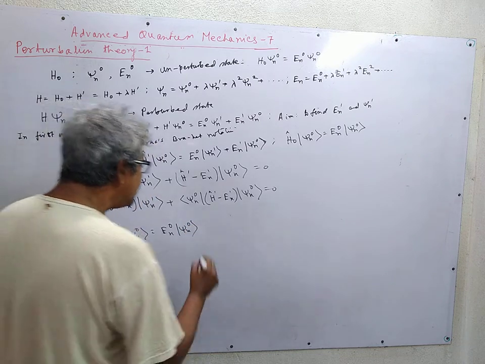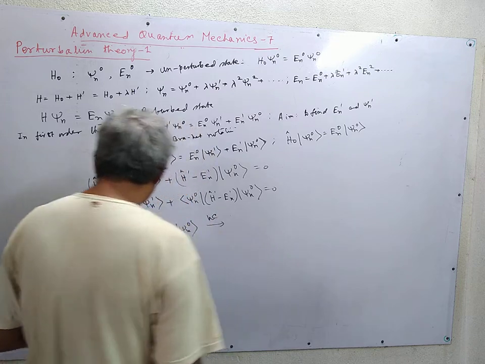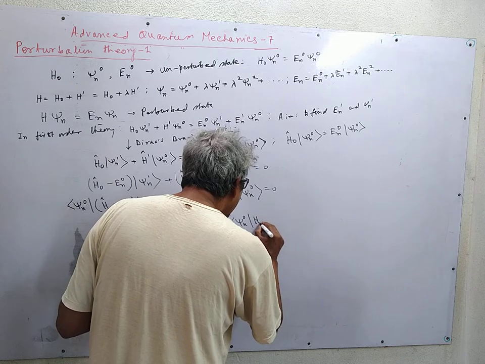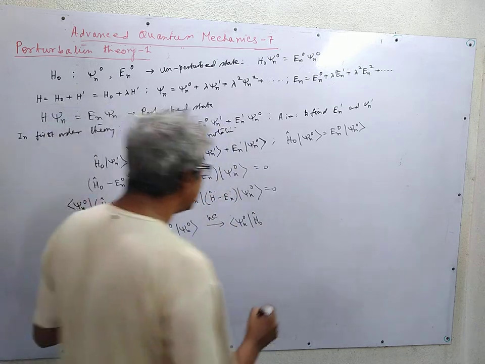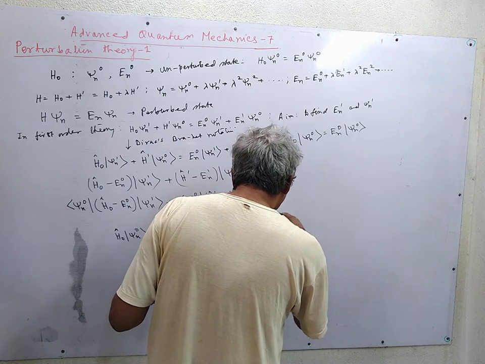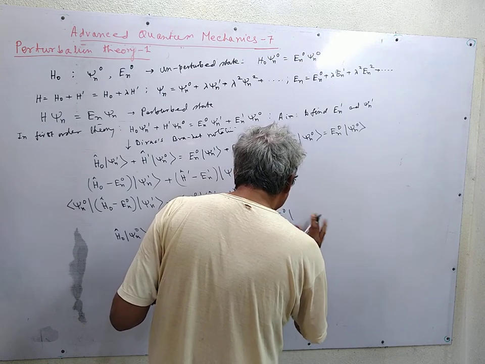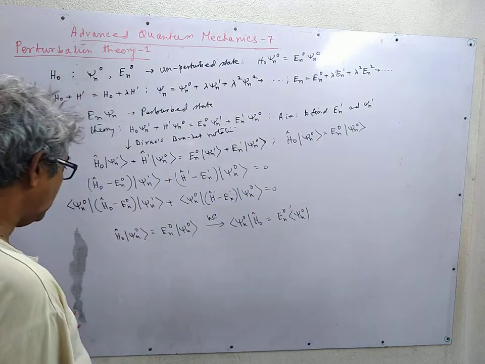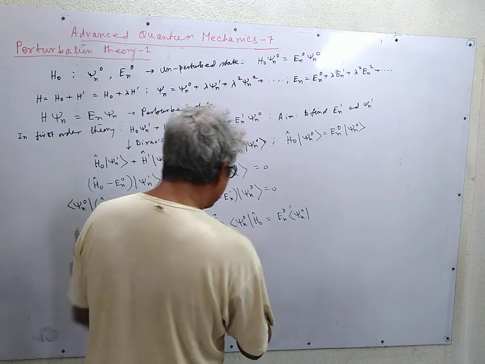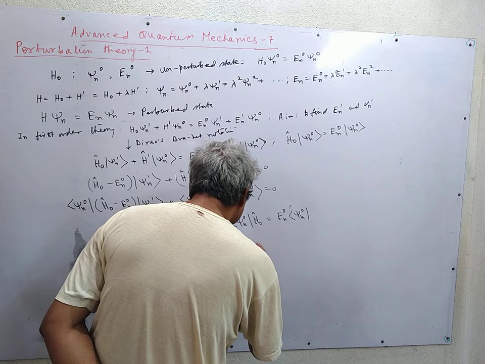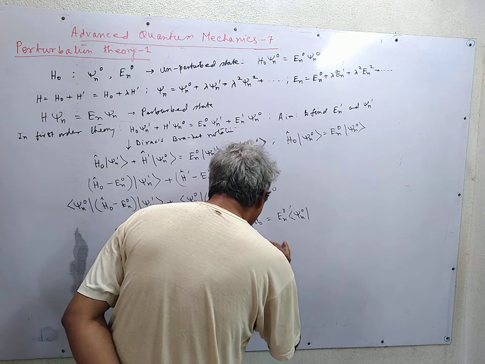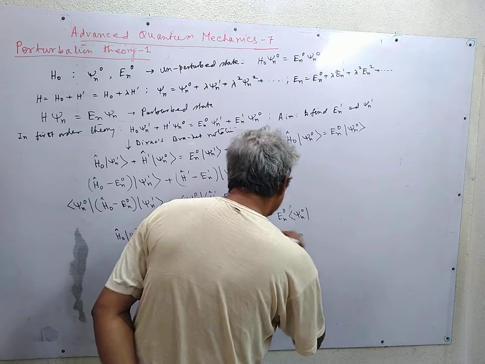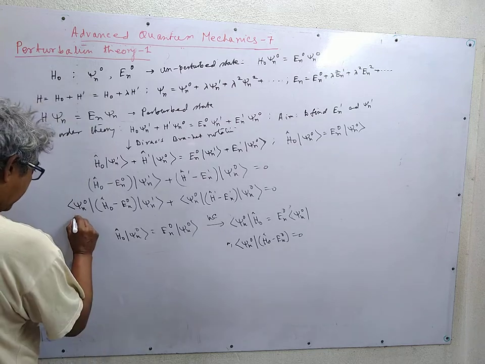If we take the Hermitian conjugate of it, then this equation becomes psi n0 hn0 dagger, which is hn itself, and this is en0 being real. So if we take it, we get psi n0 h0 minus en0 is equal to 0. That is, this part is 0.